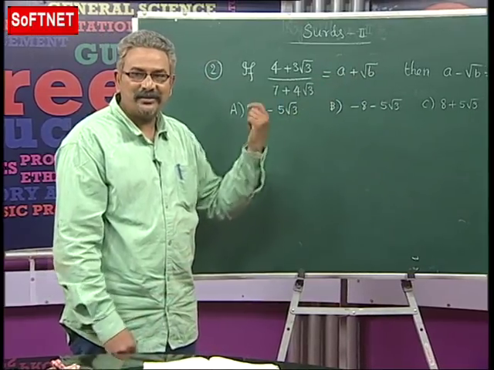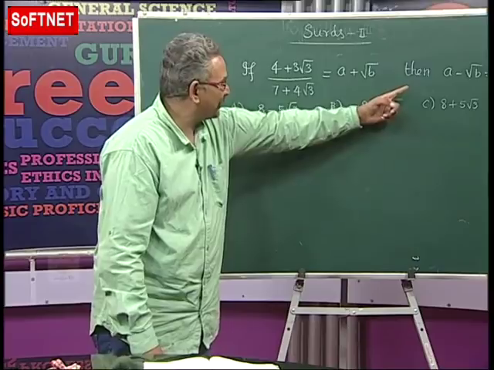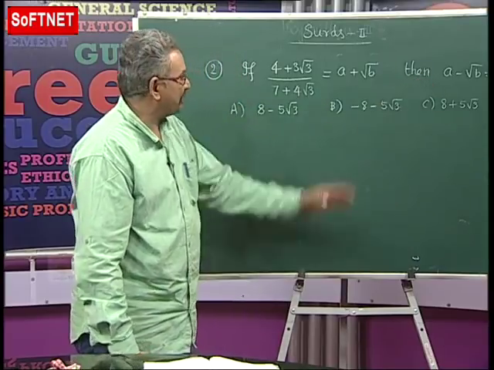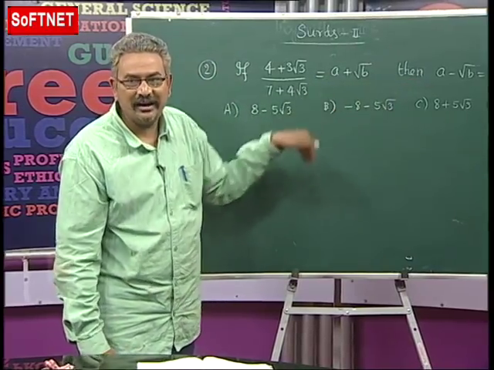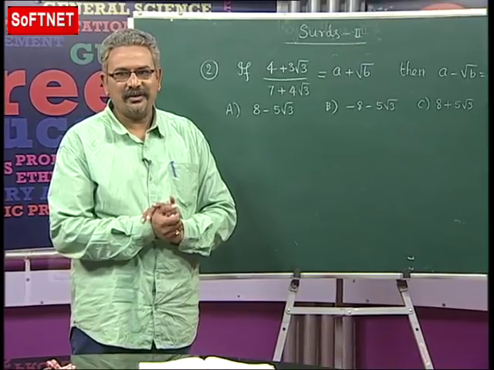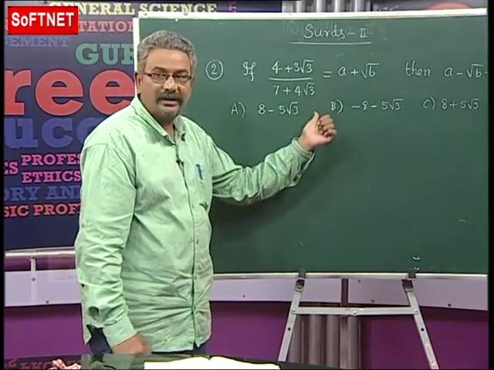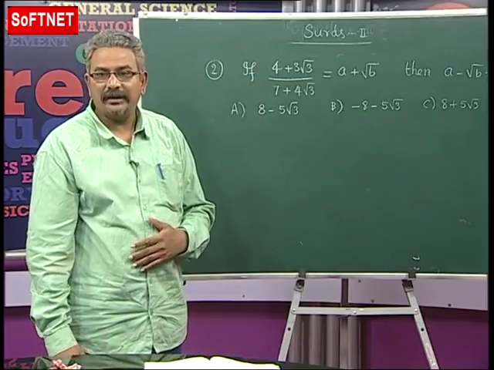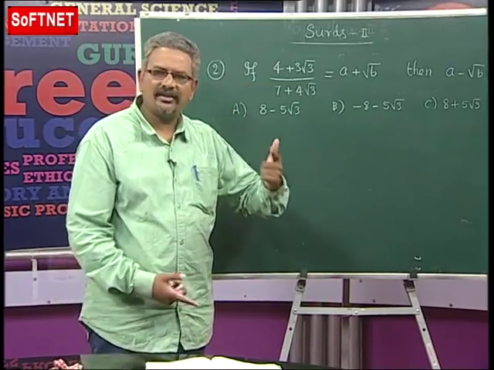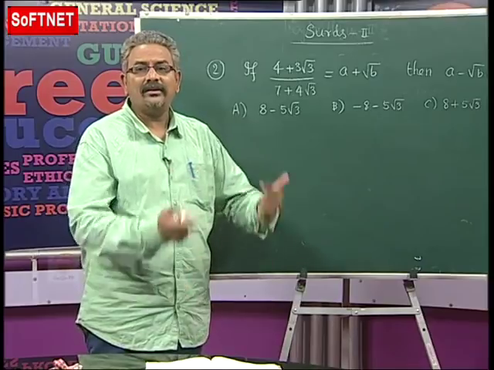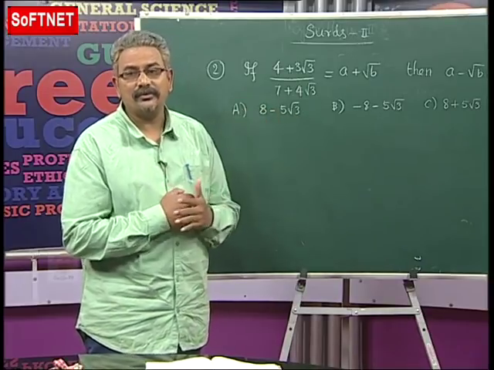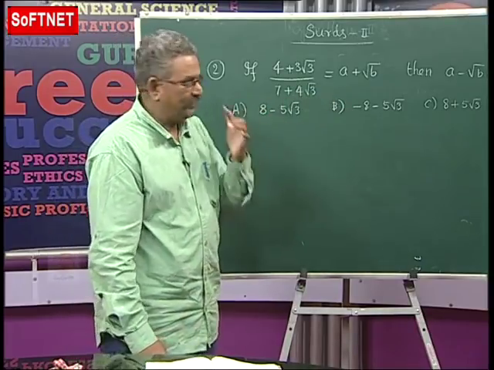After getting a plus root b, just see a minus root b. That means the conjugate of a plus root b will be the answer. Understood? So first of all, multiply both numerator and denominator with 7 minus 4 root 3, which is the rationalizing factor or conjugate surd of 7 plus 4 root 3. Okay, let us proceed.